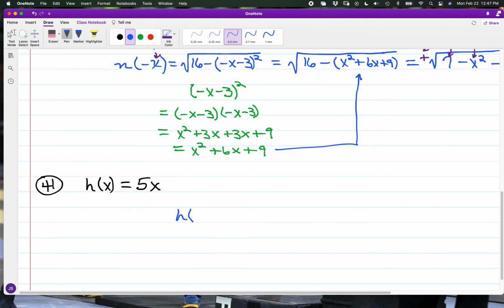And just running through this very quickly. So you have h of x is equal to 5x. And for the input at negative x, h of the input is equal to 5 times the input. So you have 5 times negative x, so this will go to negative 5x.